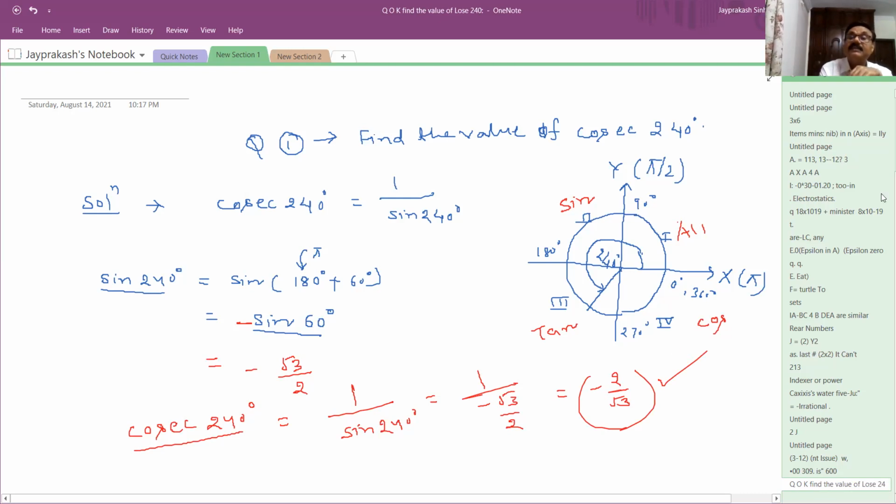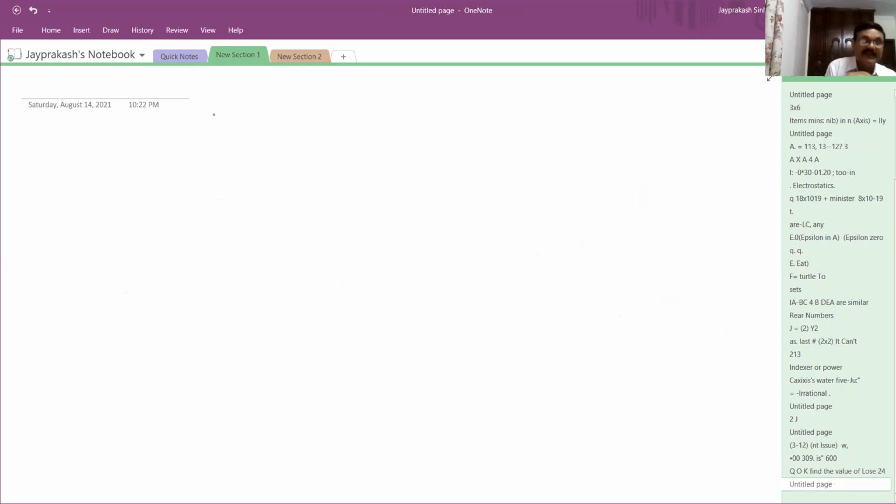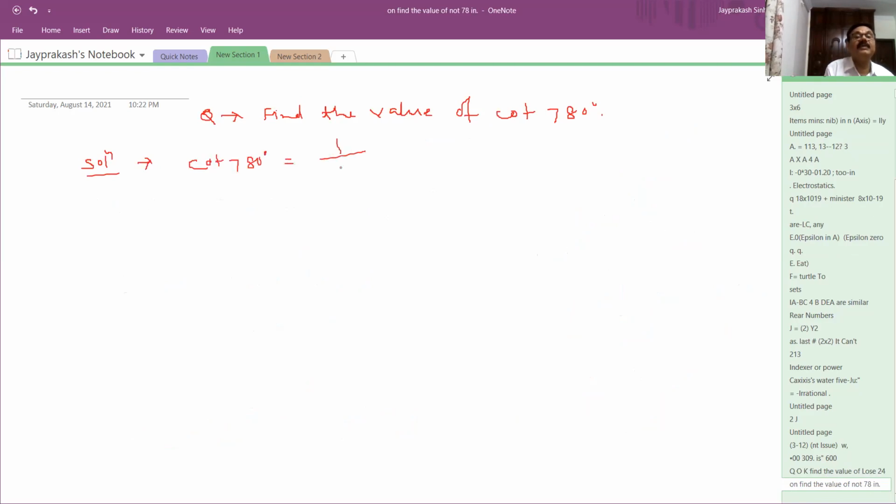The second example is, we have to find the value of cot 780 degree. So the solution: we can write cot 780 degree is equal to 1 upon tan 780 degree.